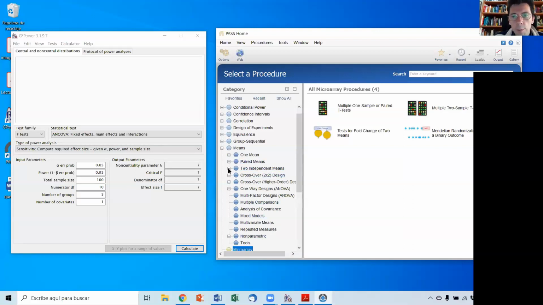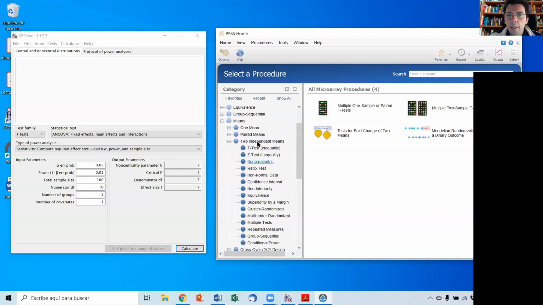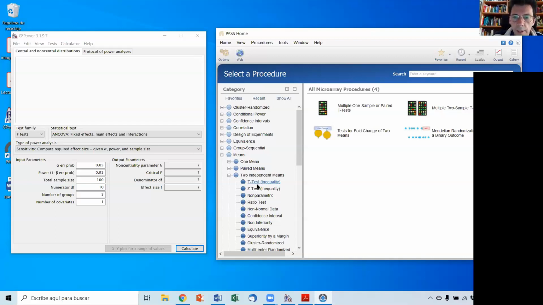And for each one of these possibilities, it asks what kind of test you will do, how you will analyze your data. So you will do a t-test, or a non-parametric test, or whatever. I find this more natural; I think the organization is closer to the way researchers think.